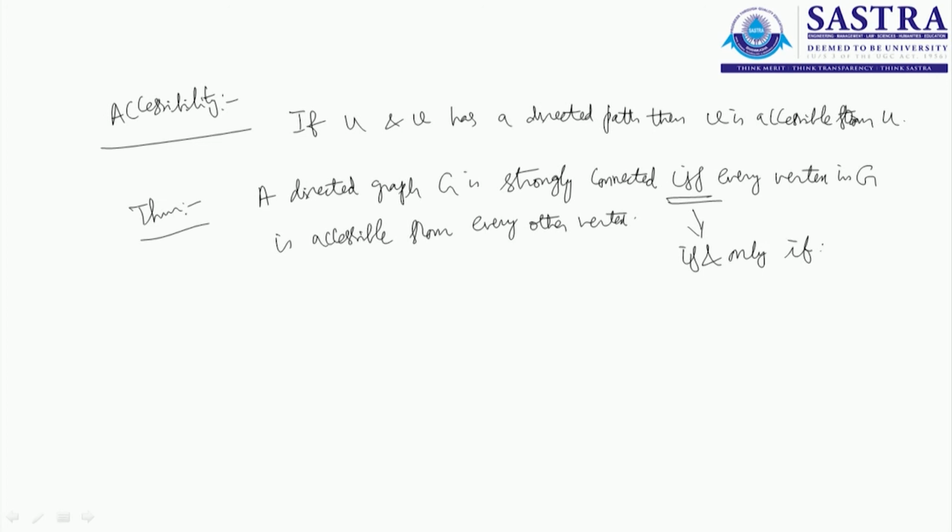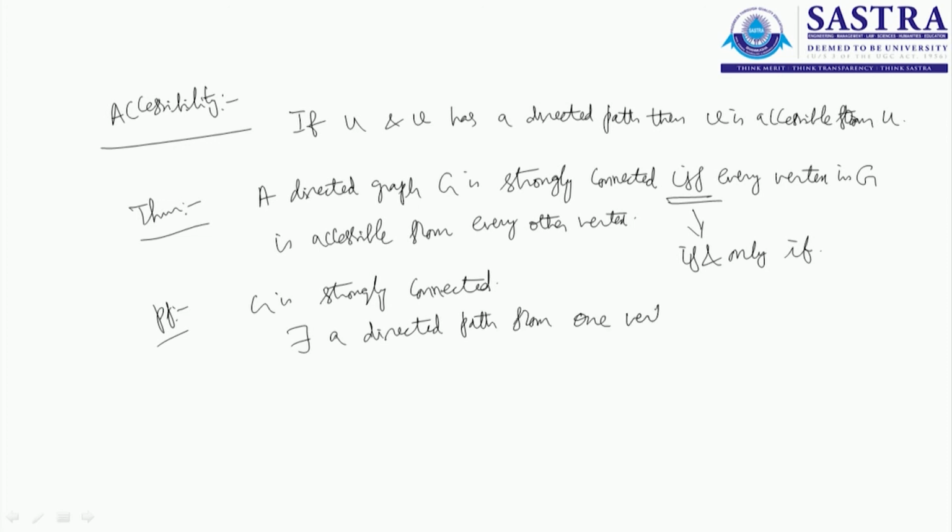So now what I do is I assume that G is strongly connected. The proof would be very simple. Okay, when G is strongly connected, what do you have? You have there exists a directed path from one vertex to every other vertex.